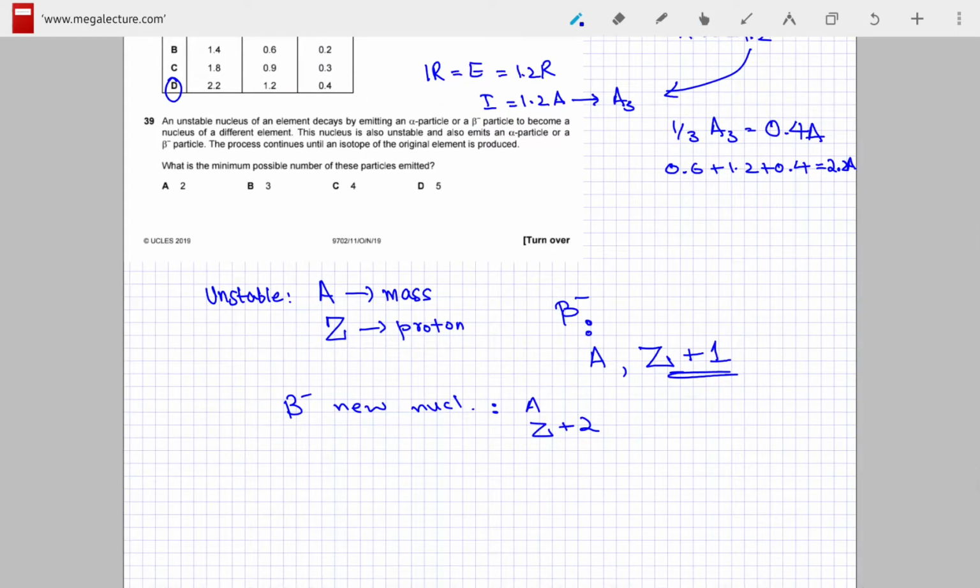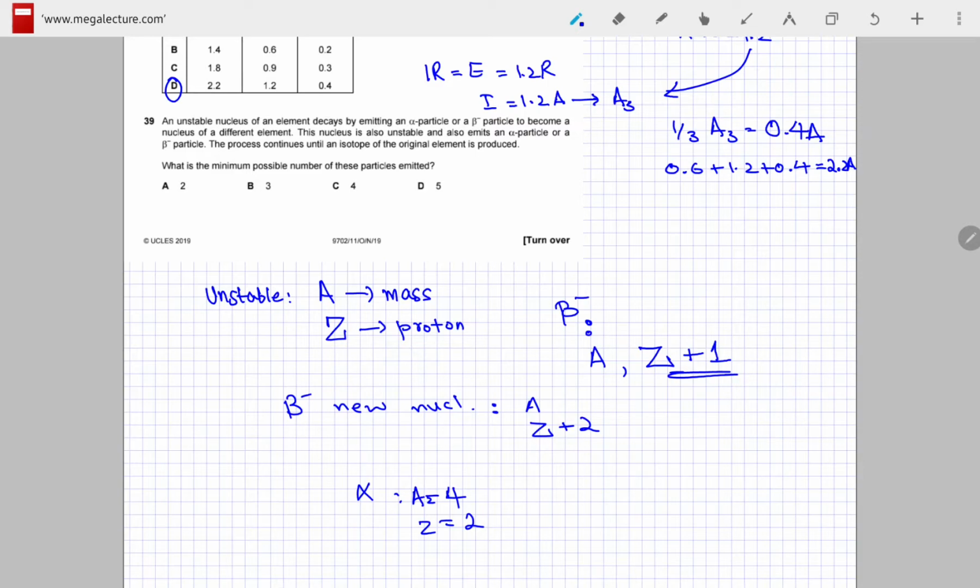So now the minimum number of processes could stop over here, when the final nucleus emits an alpha particle. It would result in a decrease of its mass number by 4 and a decrease in proton number by 2, right? Because alpha has mass number 4 and proton number 2.